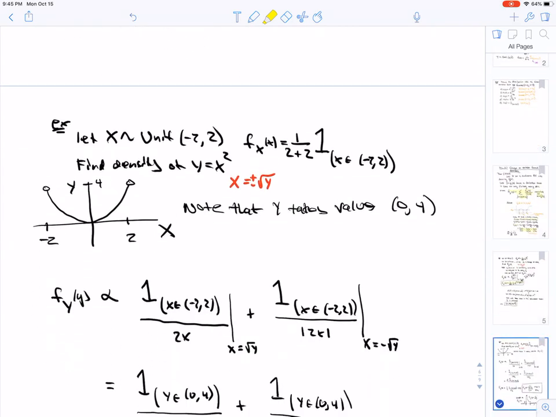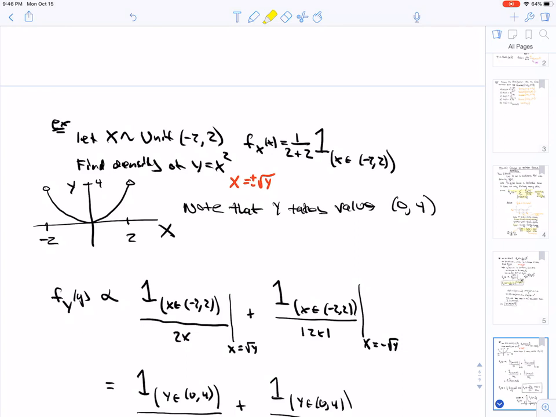So let's let x be uniform on minus 2, 2. And so I've written out here the density for this. And of course, another way to write this density without the indicator is that it's 1 over 4 when x is between minus 2 and 2 and 0 otherwise.